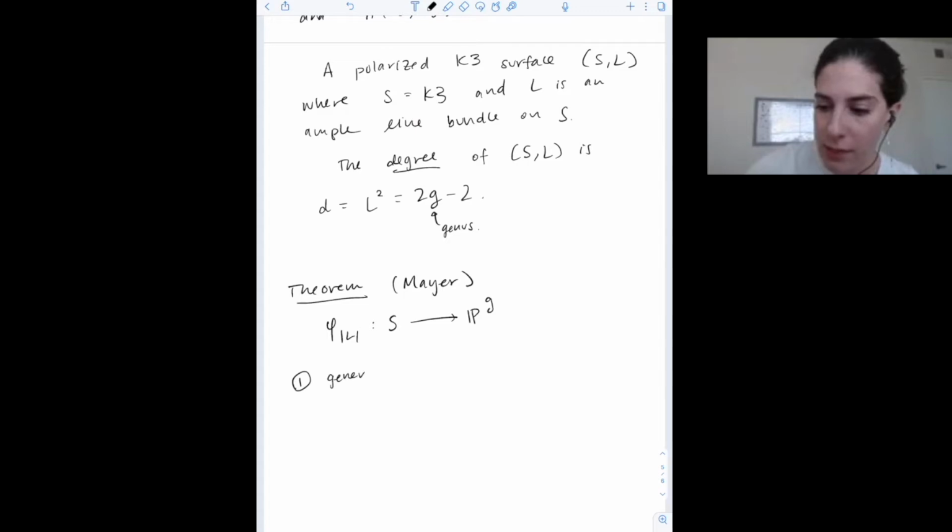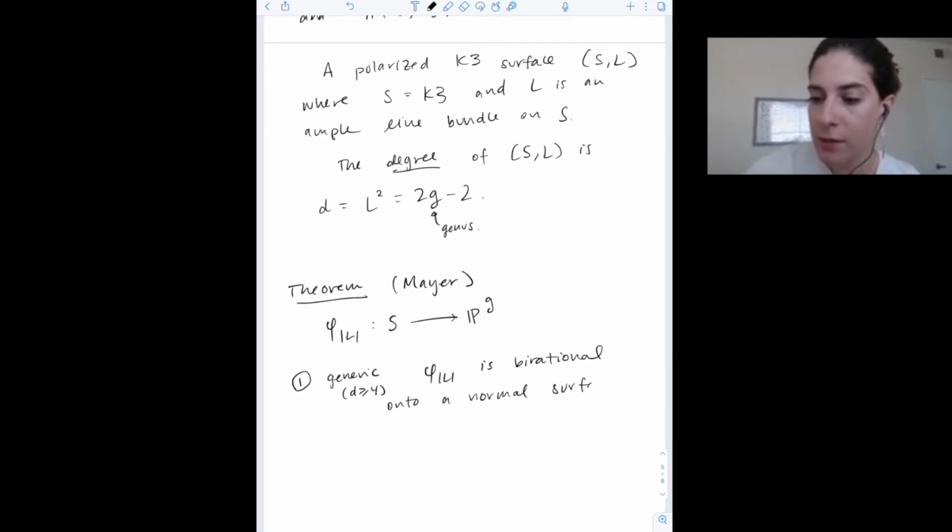The generic case, if D is at least 4: this map is birational onto a normal surface of degree D.